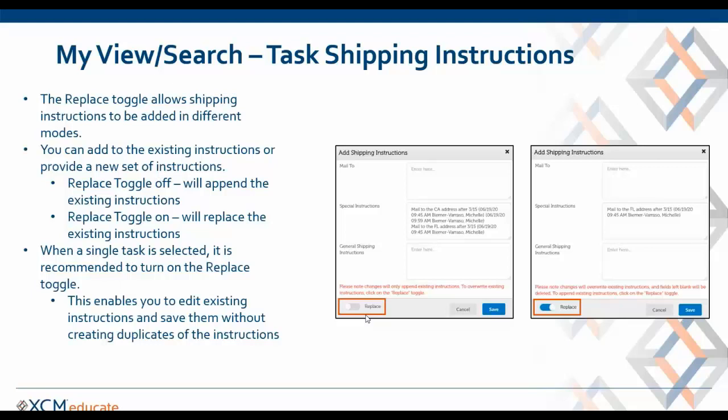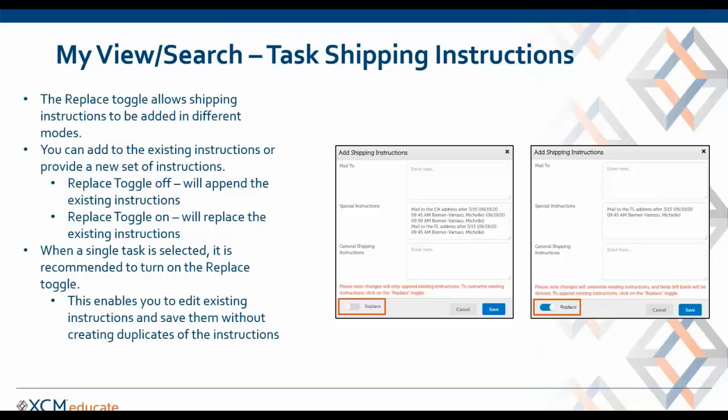When it is turned off, it is going to allow you to append existing instructions. So if you look in the middle of the page here, special instructions, by having that toggle button off, you're just appending these instructions. Okay?